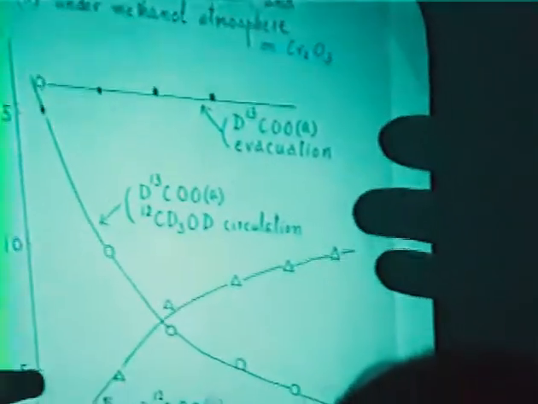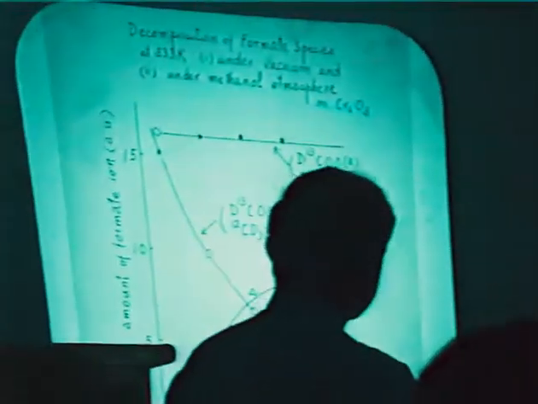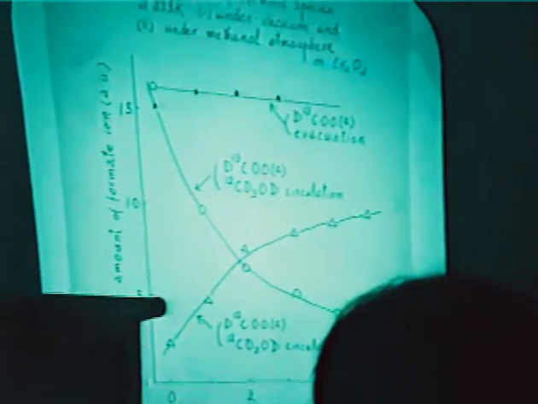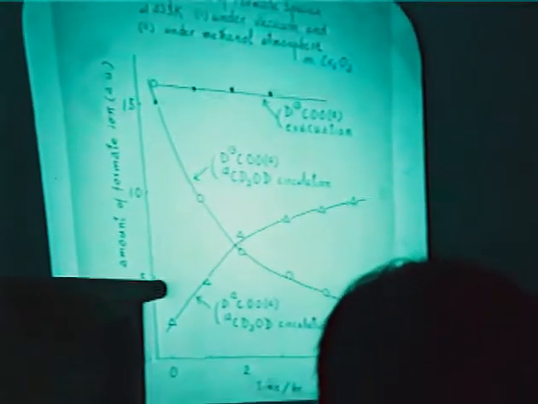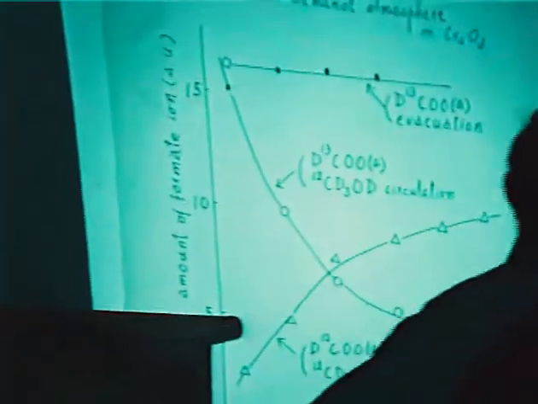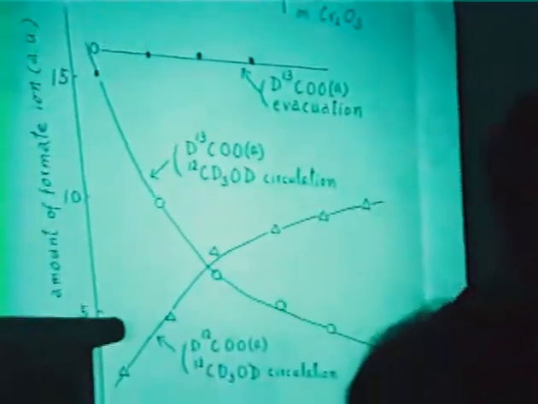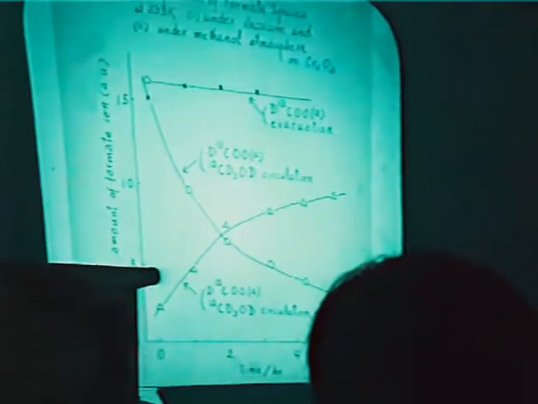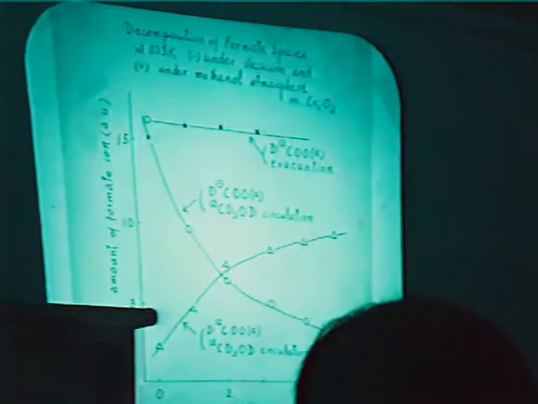But in the case of methoxide, the surface formate ion is very stable under vacuum and at the reaction temperature. So some people may say that such surface formate ion is not a reactive intermediate, as it is so stable. But in the presence of methanol, this formate ion behaves just as the reaction intermediate. And the reactivity of formate ion is markedly influenced by the presence of methanol.